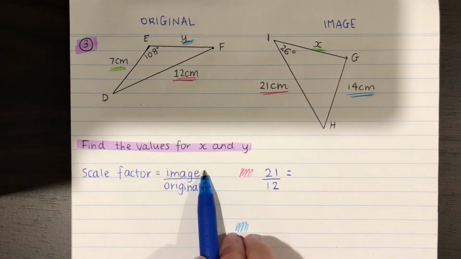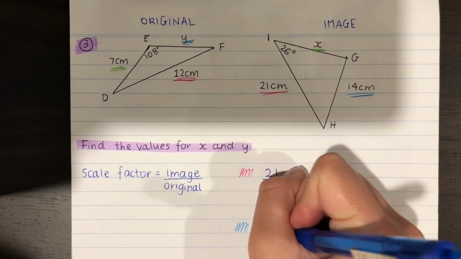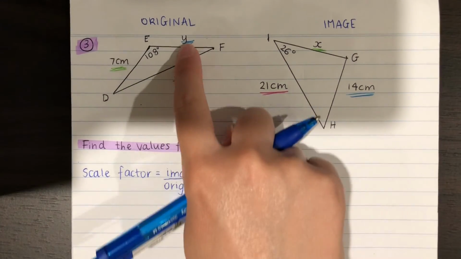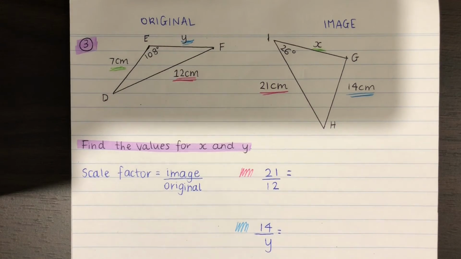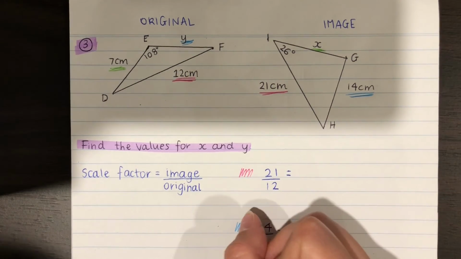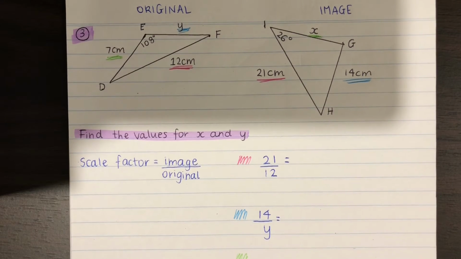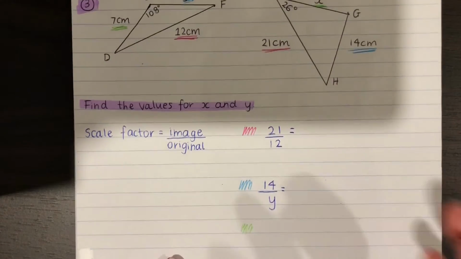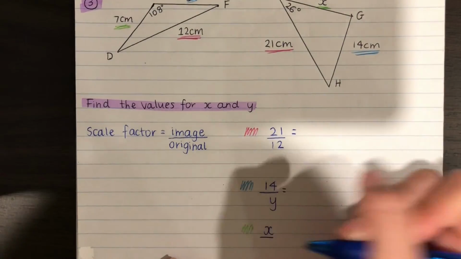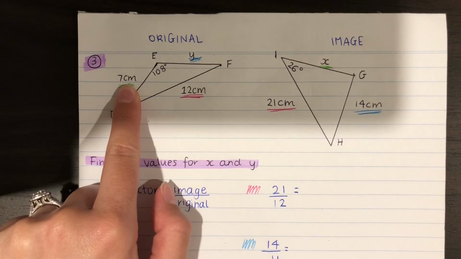Blue is image 14 divided by original for blue, which is Y. Then we finish with green. For green, it will be image X divided by original for green, which is 7.